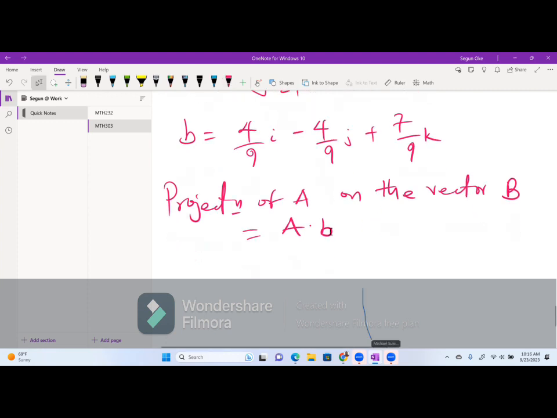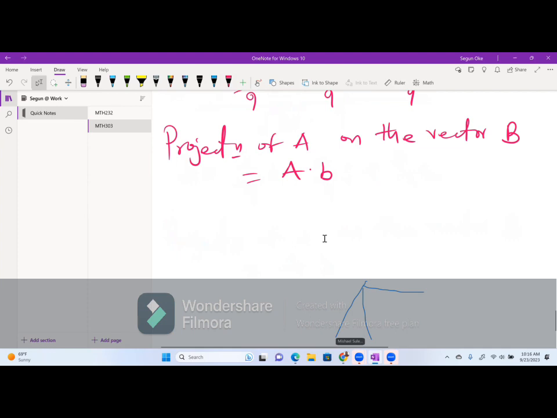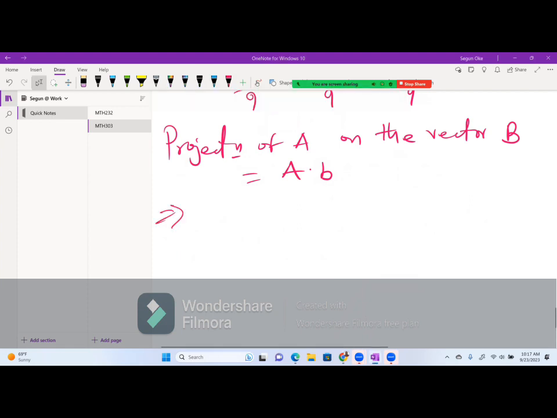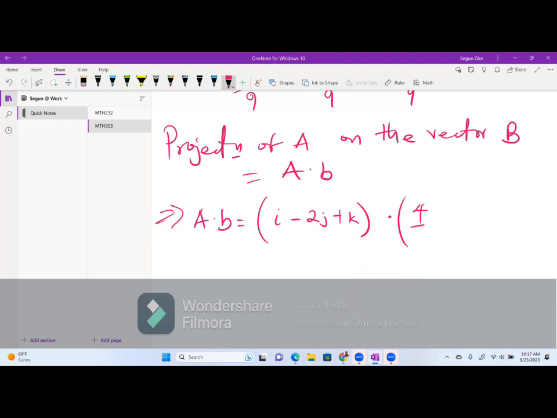So it's going to be A dot unit B equals, what is our A? i minus 2j plus k dot 4 over 9 i minus 4 over 9 j plus 7 over 9 k.